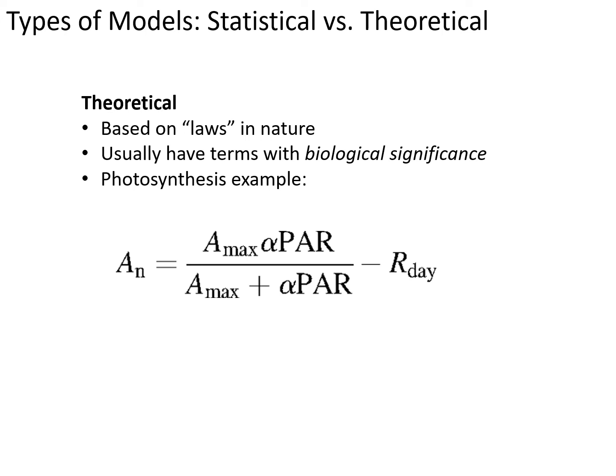So here's an example for photosynthesis where we've got A representing assimilation, so uptake of carbon. AN is the net assimilation, and that's going to be calculated as the difference between that big ratio there, which is the total assimilation, minus daily respiration. So this is on a daily basis.